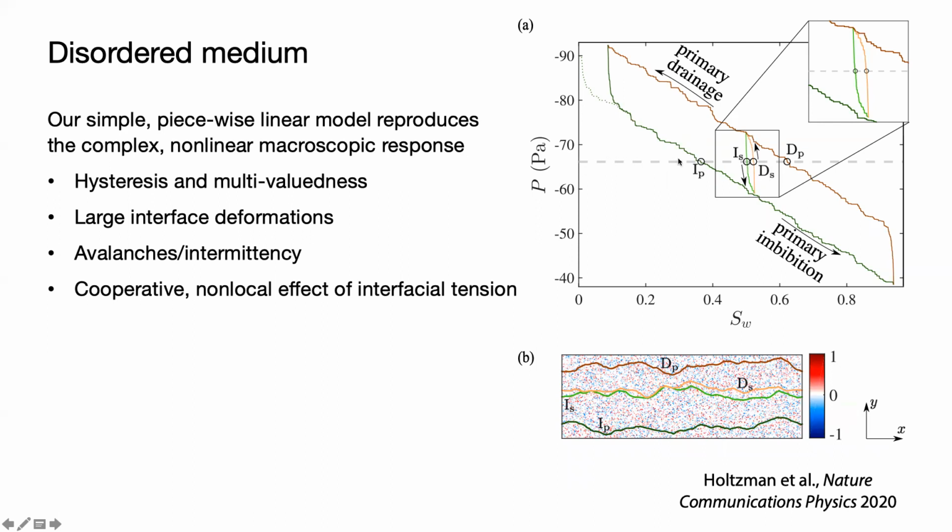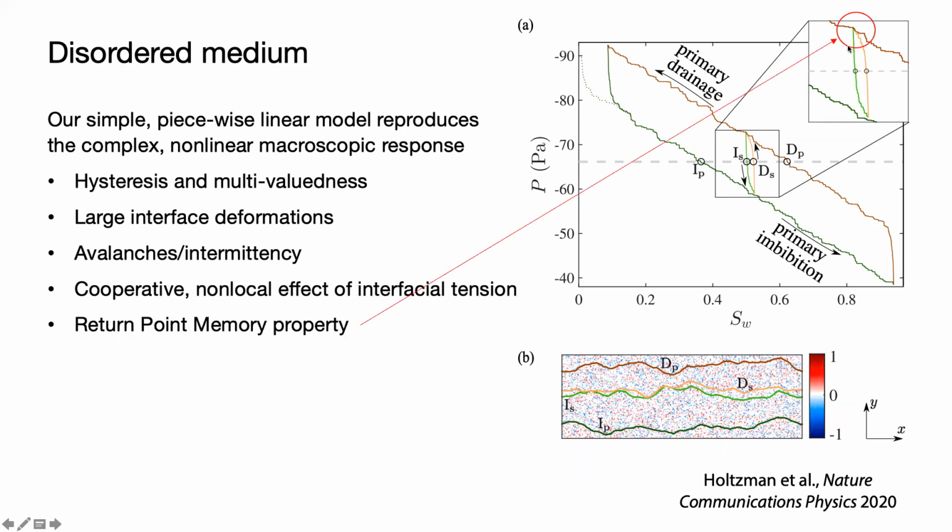At a given pressure, we can get 4 different configurations and saturations, 2 for the outer loops and 2 for the inner loop. And if I continue to make more loops, I can have an infinite amount of configurations and saturations. We get this large deformation, the avalanches or the intermittency, and the cooperative effect of interfacial tension.